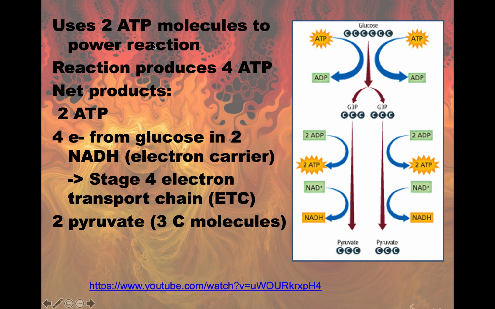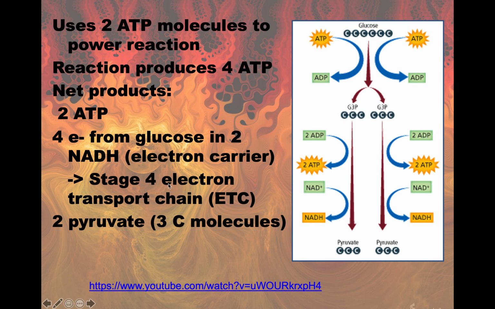So so far, we've got a tiny little bit of ATP. We got some electron storage energy in the bank, which we're going to take out of the bank a little bit later, and we got these 2 pyruvate molecules. So not a whole lot of ATP produced here, but we've produced a little.